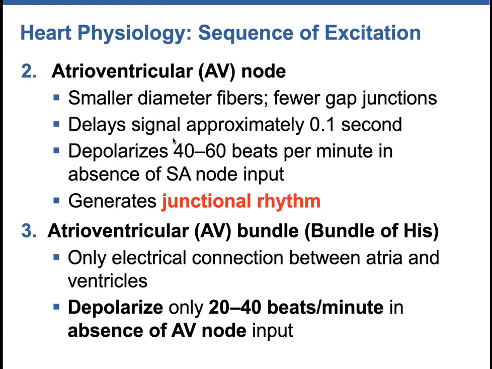Because there's a signal delay and its job is to continue the signal down to the actual ventricles, it generates what is called a junctional rhythm. A junctional rhythm is going to be between 40 to 60 beats per minute in an adult. So this is what happens when the SA node doesn't work. You get the junctional rhythm.